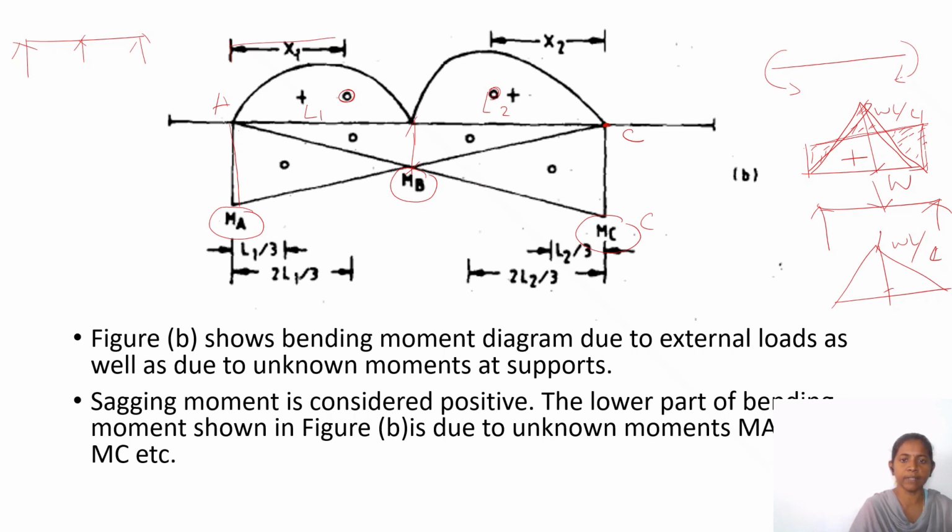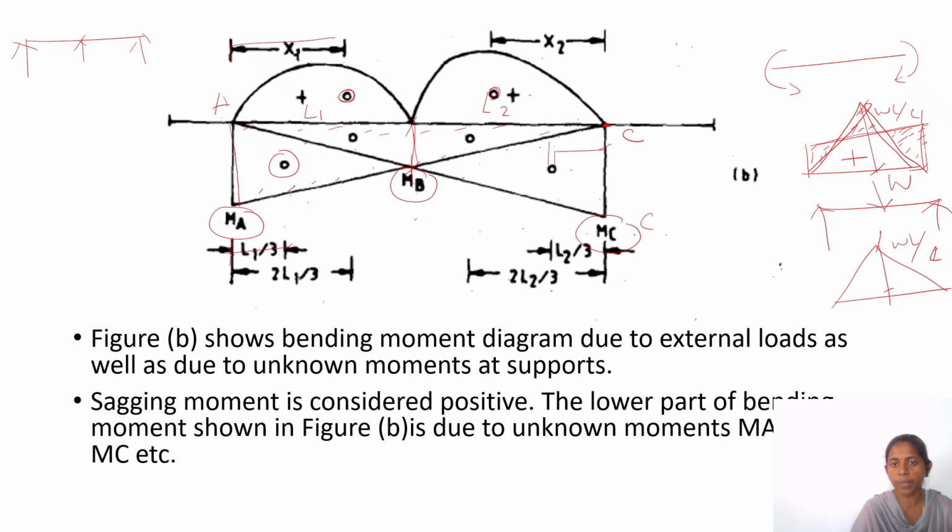For this triangle from A to C, the centroid will be here, that is 1/3 of L1, or from here to here it is 2/3 of L1. For the span of L1 it is 1/3 and 2/3. For the span of L2 it is 1/3.